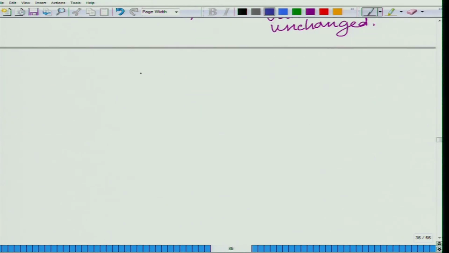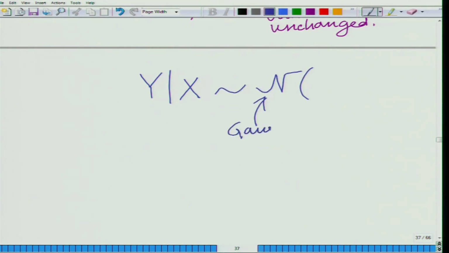Therefore, if you look at y given x, this is distributed as Gaussian, where N denotes Gaussian or normal, with mean x and variance sigma square.